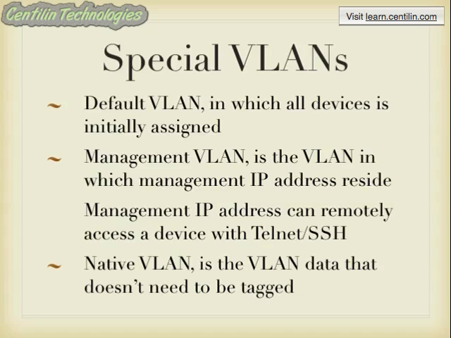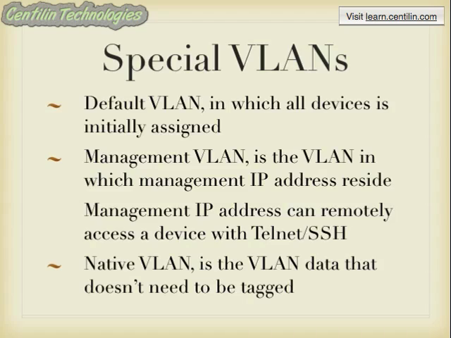So given the different types of traffic, there are also some special VLANs that we need to pay attention to. By default, all ports are assigned to VLAN 1 if none of the previous 3 methods are used to assign the VLAN. This VLAN, or VLAN 1, is called the default VLAN.